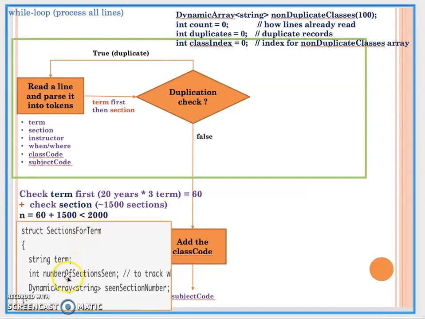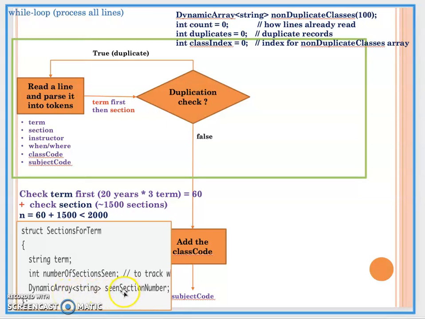Here we're not sure how many sections will be in each term. Even if on average there are 1500, over the past 20 years maybe in the beginning we didn't have so many sections and later they grew. So this section for term object has a dynamic array.